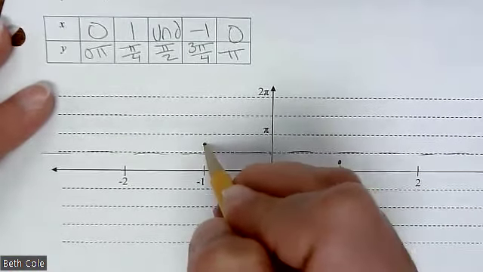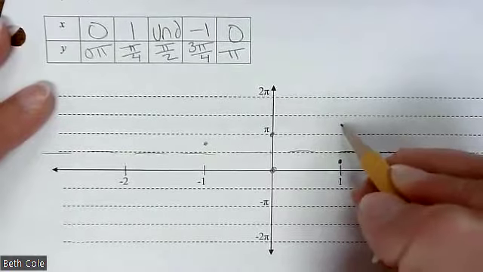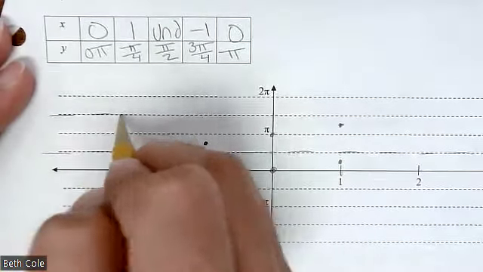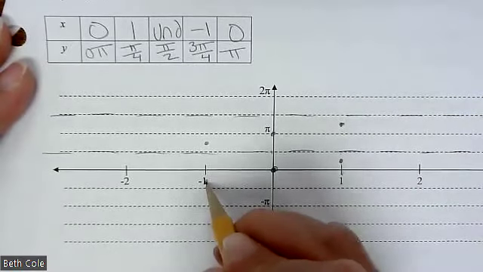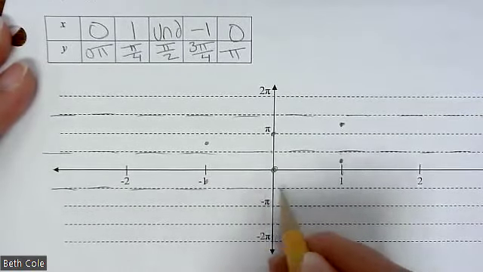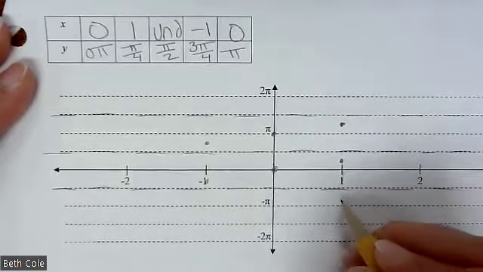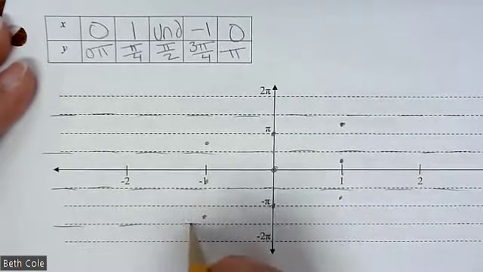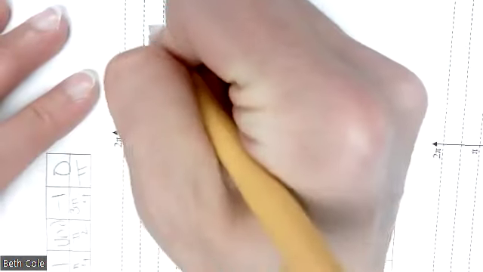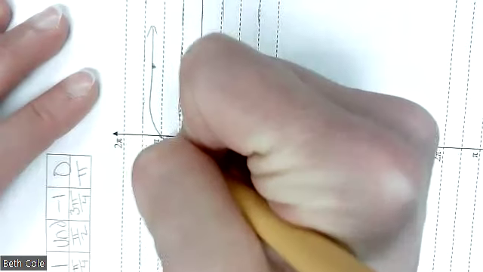And then -1, 0, 1, and then another asymptote. And again, you just want to fill it in a little bit each way. Try to draw mine as fast as I can so I can get my hand out of the way so you can see it.